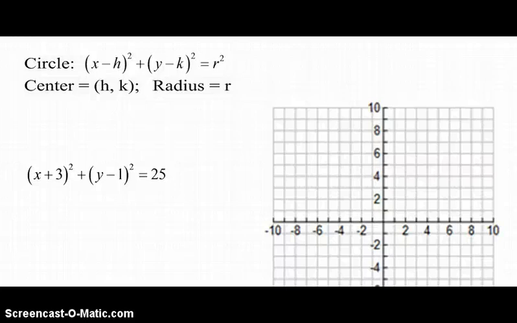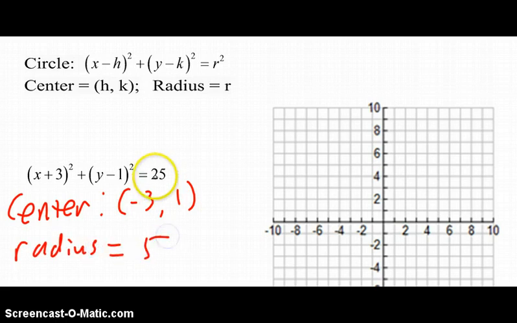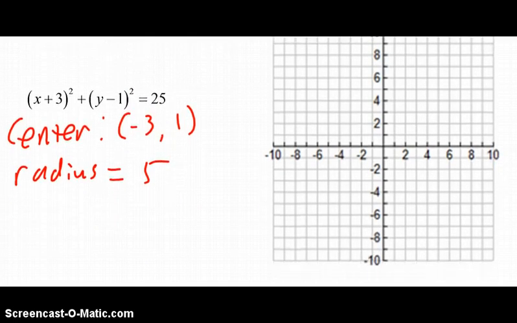So the expectation is that you actually know this already. If I have the equation of the circle right here, (x plus 3) squared plus (y minus 1) squared equals 25, what do I know? I know my center is the point (negative 3, 1), and I know my radius is going to be 5 because it's the square root of this number. So if I wanted to graph that, what would I do? I would come over to my graph. I would go to the point (negative 3, positive 1).